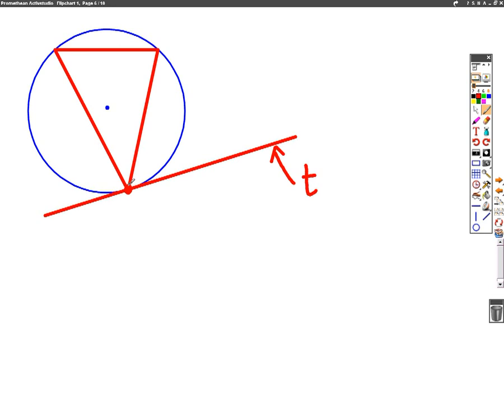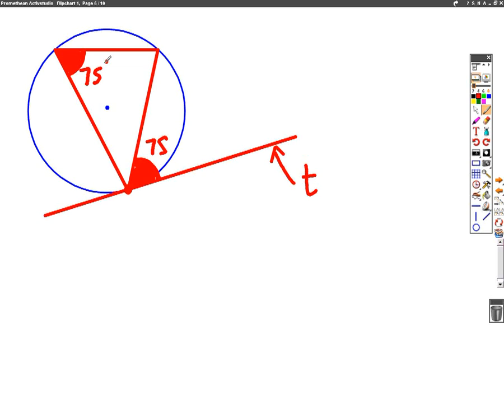Now what we know about this is this angle here from the tangent to our triangle, that angle I've just coloured in, will be the same as the angle inside the circle, this angle here. So if this angle was, say, 75, then this angle here would also be 75.